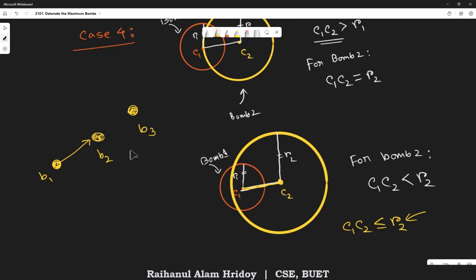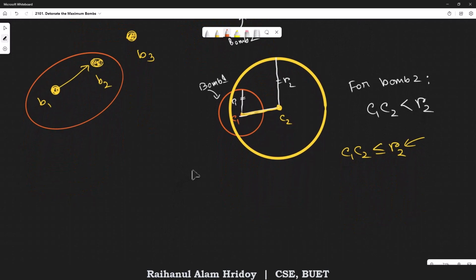This does not collide with any of the ranges of these bombs, so we don't connect it. So in this case we only maximally detonate 2 of the bombs. Do you think where I'm going here? We are actually moving this problem into a graph problem.